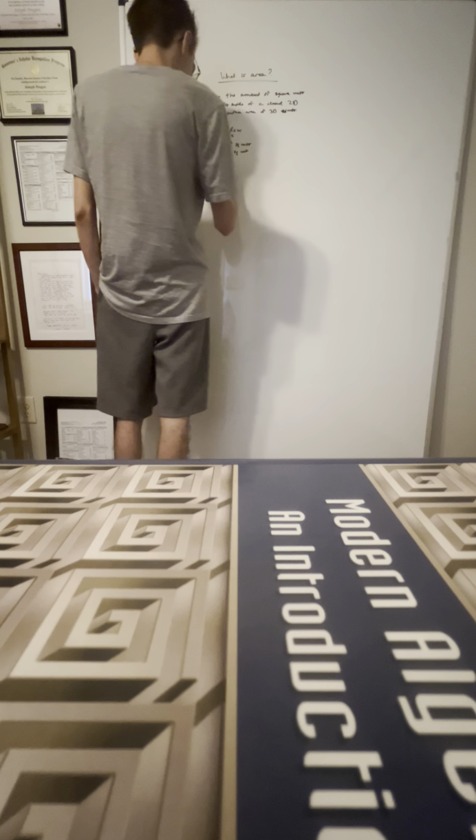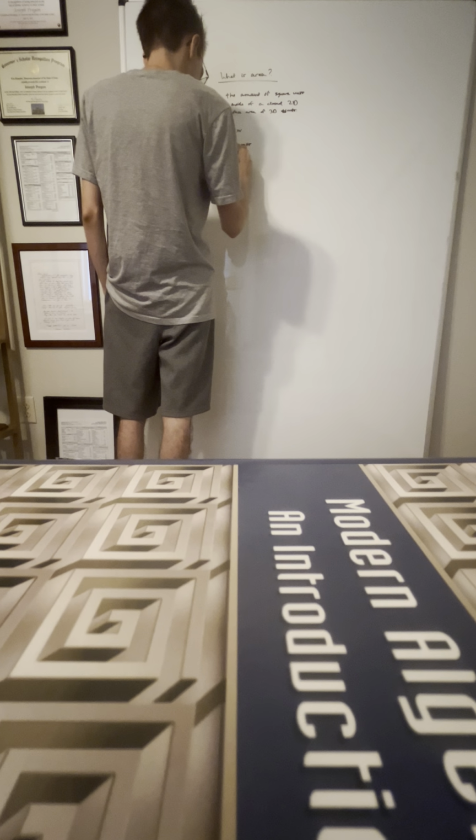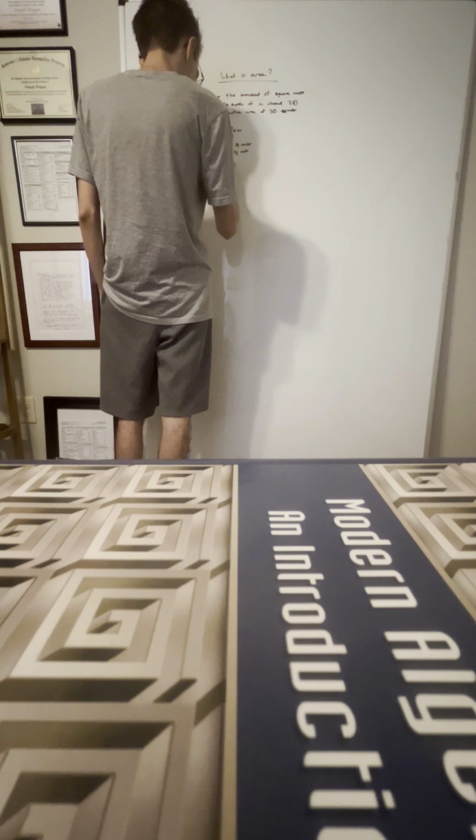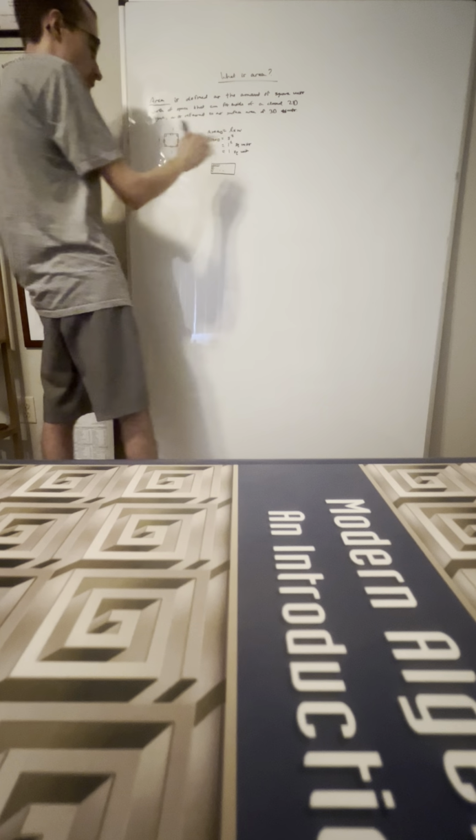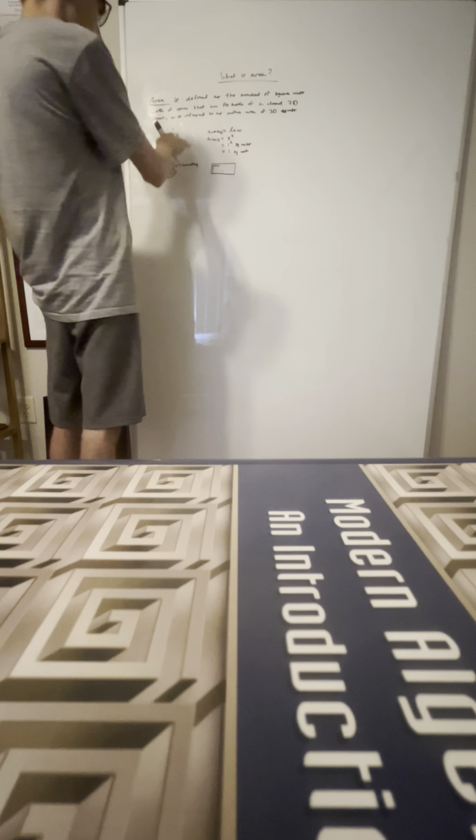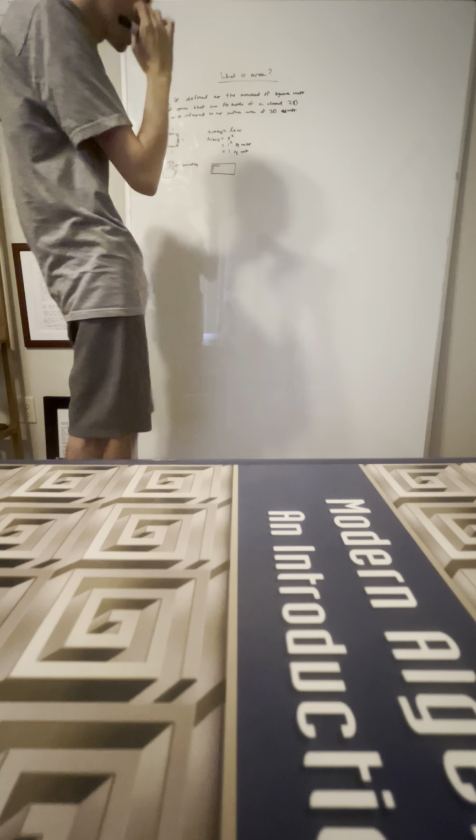So if you have a rectangle or something, you're just going to keep putting the square units in there for the whole thing until you have your area.